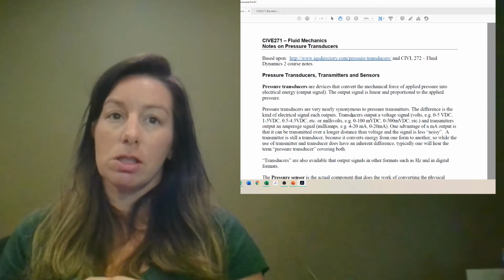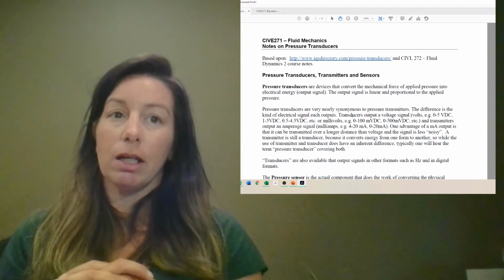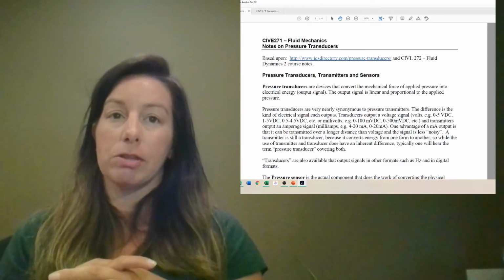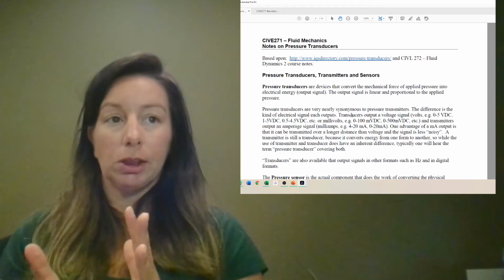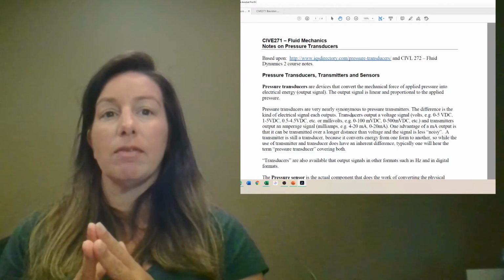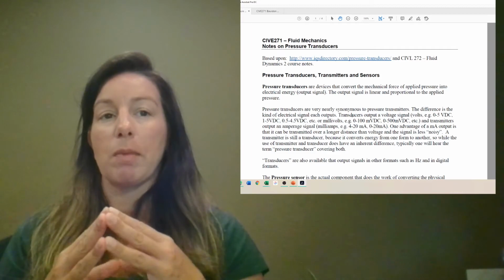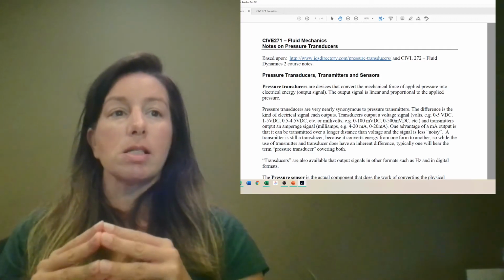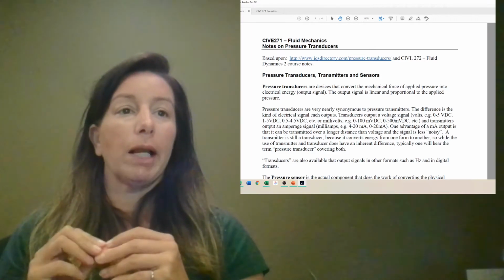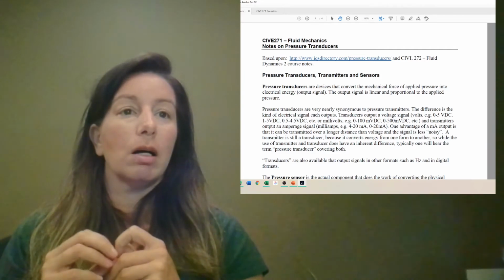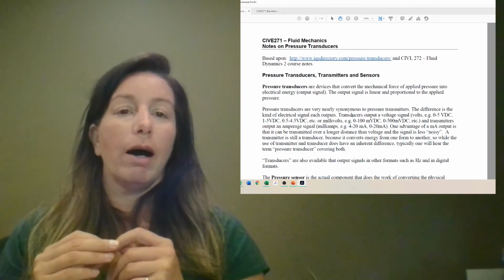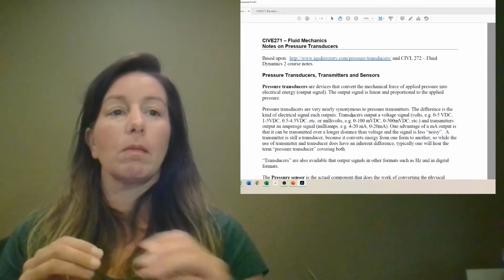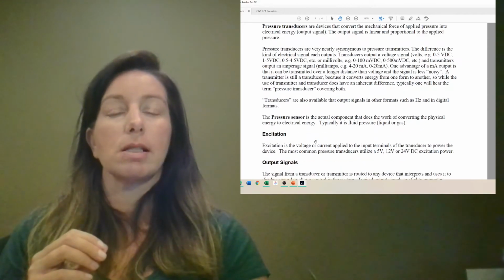Pressure transducers are very nearly synonymous with pressure transmitters. You'll hear them used interchangeably. The difference is the kind of electrical signal from the outputs. So there's some minutiae of transducers and transmitters. Let's see now if there's anything else that's wildly exciting here.